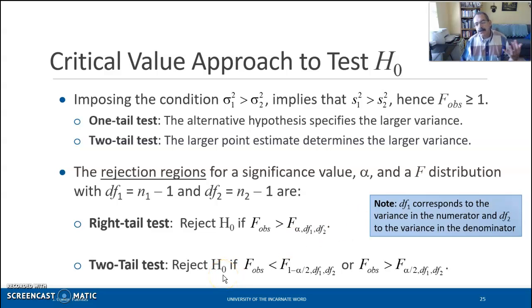If you have a two-tailed test, now we have two rejection regions, one to the right and one to the left. To the right is for alpha divided by 2, and for the left is 1 minus alpha divided by 2, with degrees of freedom 1 and degrees of freedom 2. And always remember, degrees of freedom 1 corresponds to the variance in the numerator, and degrees of freedom 2 corresponds to the variance in the denominator.